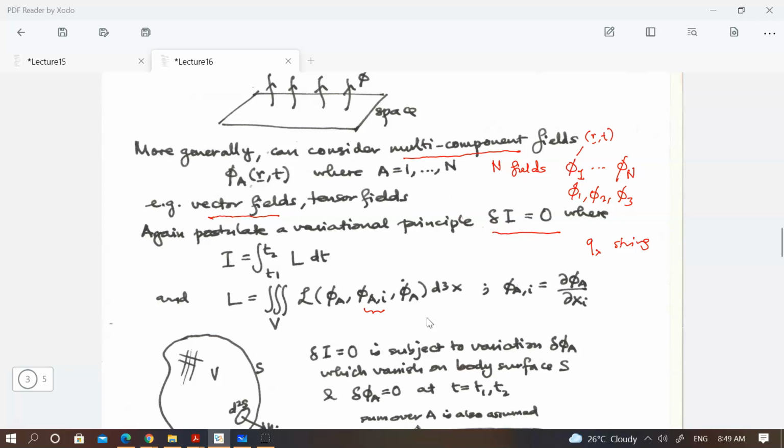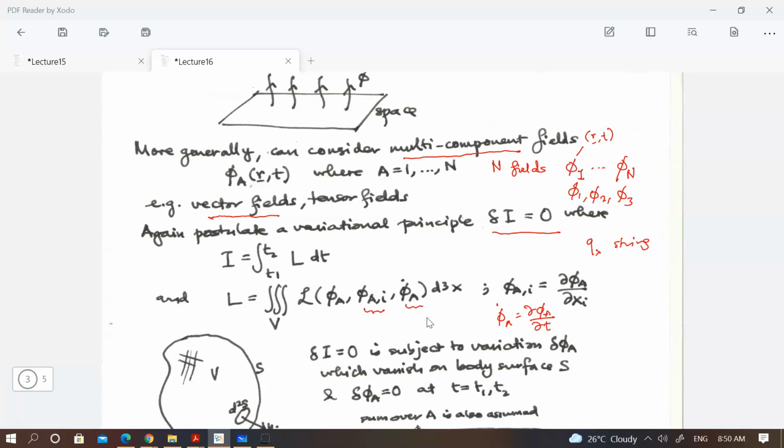So phi_a comma i is really partial phi_a over partial x^i, and of course you also have phi_a dot, which is partial phi_a over partial t.